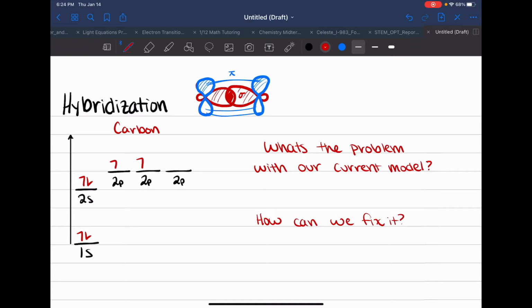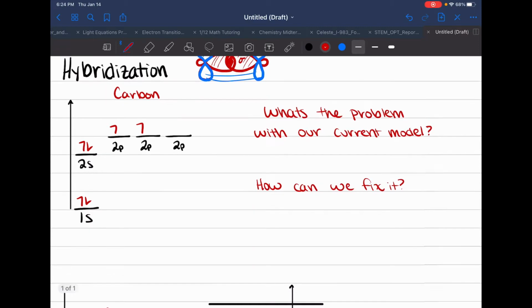I'm going to give you a hint of what the problem may be. There are two hints. Hint number one is that we know that CH4 is a molecule. That's methane. Hint number two is that in order for a bond to form, we need to have single unpaired electrons.